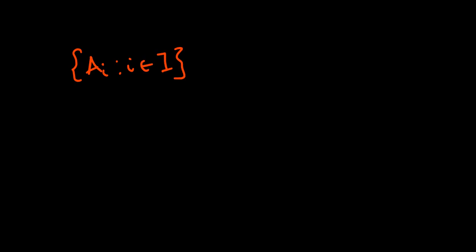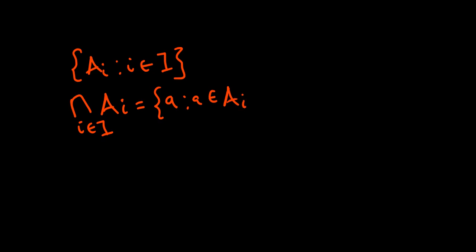Then the intersection is denoted as the intersection over i, a member of the indexing set, of the arbitrary family of sets A_i, such that x is a member of A_i for all i, a member of the indexing set. So this is how we define the intersection of families of sets, and how it must be written.